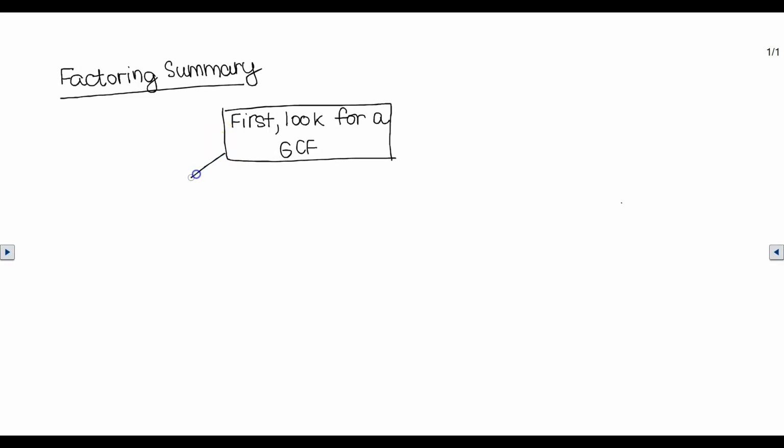Now, once you have removed the GCF, if it's possible to do so, you're going to look at your problem, and if there are two terms, and it fits that pattern of a squared minus b squared, then you are going to do the difference of two squares method.